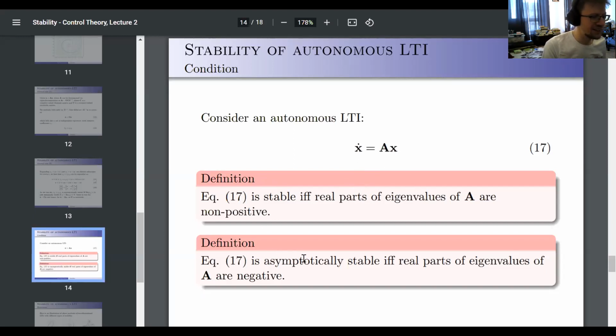And it is asymptotically stable if real parts of eigenvalues are negative. That's the actual criterion. So you take a system, find its matrix, find its eigenvalues. If they are negative, the system is stable. If they are non-positive, the system is stable. If you have at least one positive real part of an eigenvalue, the system is unstable.